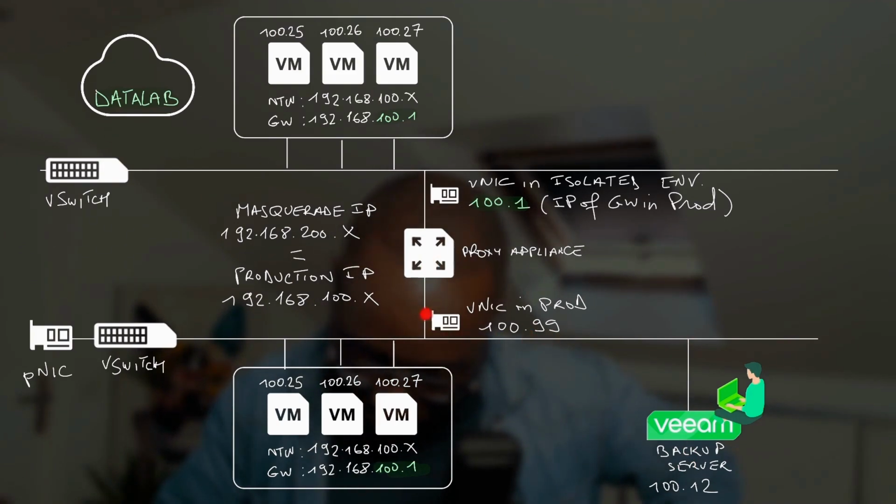The 104.20.10.9, therefore, is a specific route that will route everything that is 200.x. At the proxy appliance level, we will read the IP masquerade information and modify it. So this is NAT, it is address translation.